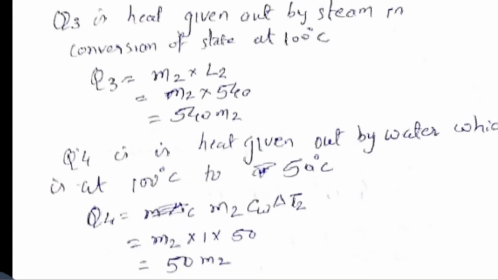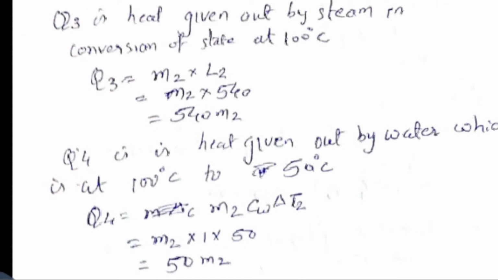Thereafter, I have water which is at 100 degrees. Now I don't have water vapor. All the vapors are converted into water. Right? So I have water at 100 degrees Celsius. Now again it has to give out heat and come to a temperature of 50 degrees Celsius, right? So what is the heat lost here?